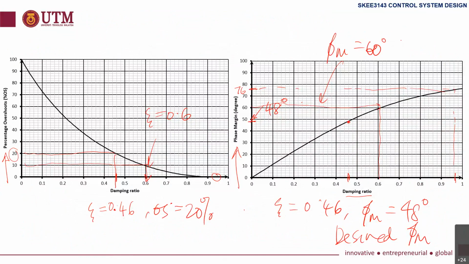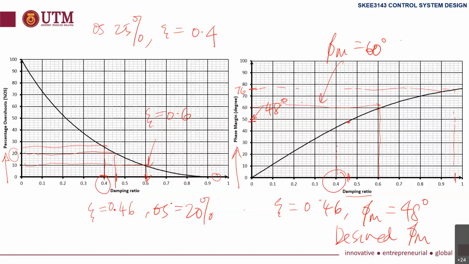We want 25%. 25% is here, about 0.5. Overshoot 25%, zeta 0.4. Okay, zeta 0.4 here.